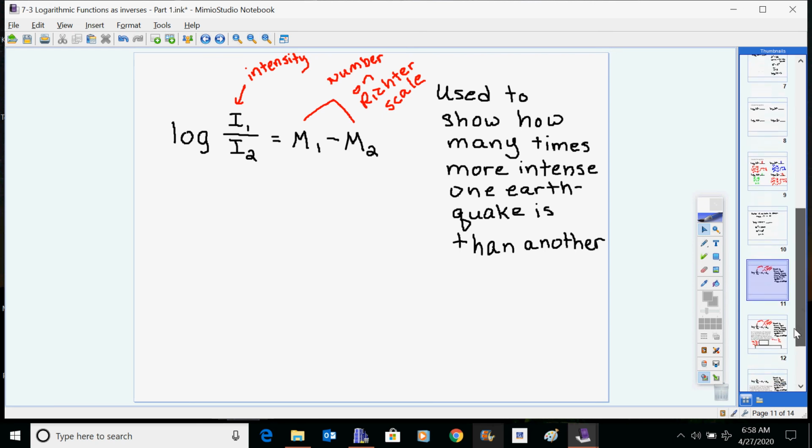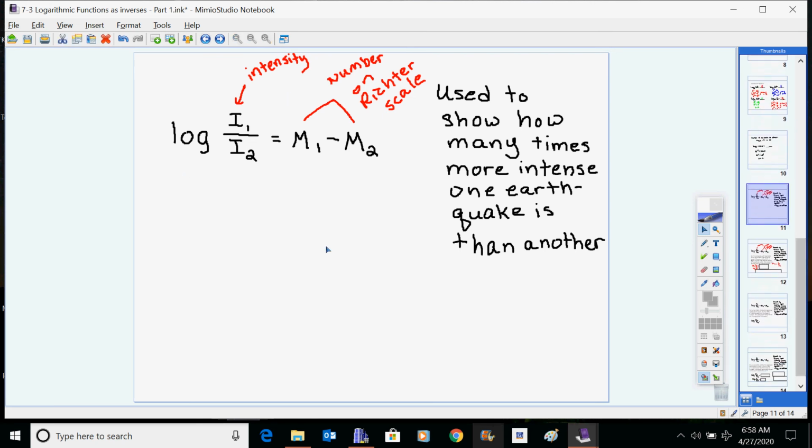But the Richter scale is designed based on powers of 10. Okay, so those numbers that you have, we're going to call M, and the intensity, in other words, how much shaking is happening because of that earthquake, is I. So how intense that is based off of a number on the Richter scale.